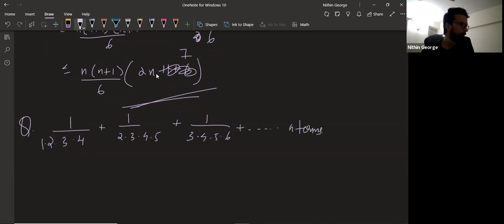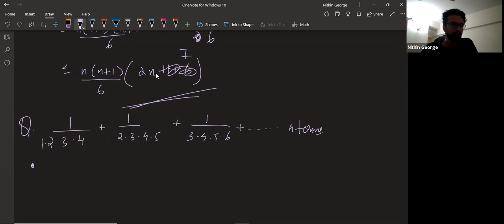So I wanted to write steps here. This is the type where you write it down, okay? Each term is composed of the reciprocal of the product of r factors in an AP.